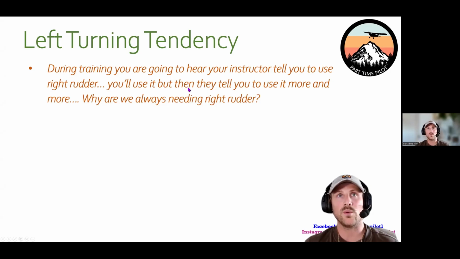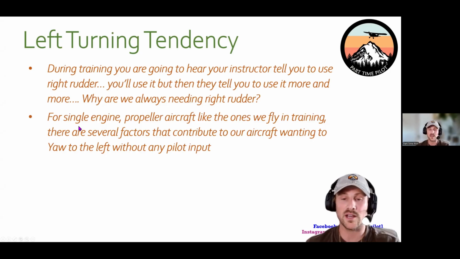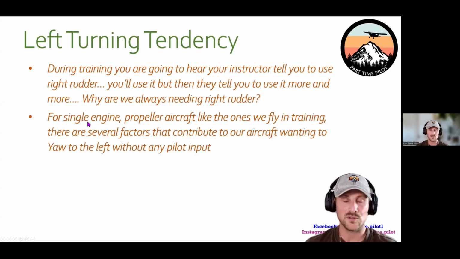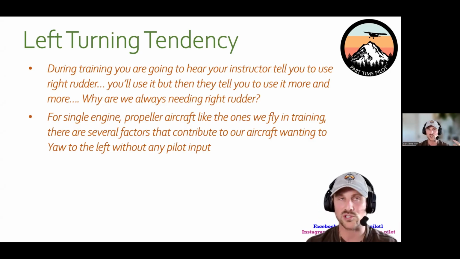Well, the reason we always have to use right rudder is left turning tendency. This is for a single engine, and not for every aircraft, right? If you have multiple engines, this effect gets reduced. There are different effects if you have jet engines. But for single engines with the propeller in the front, there are also aircraft with propellers in the back, like a pusher, they call them.